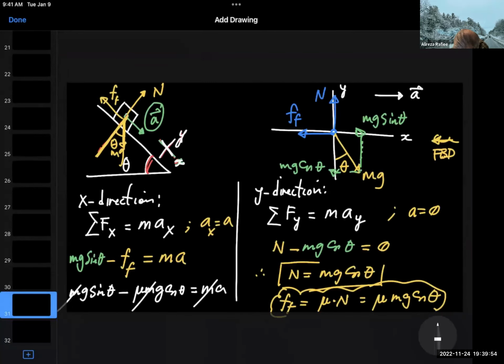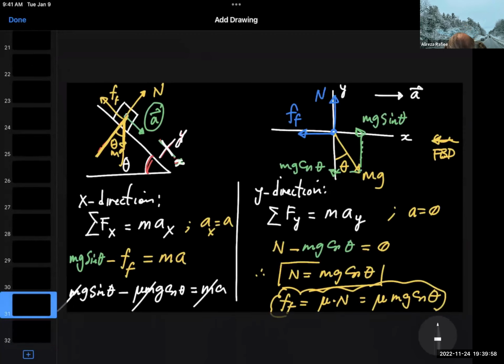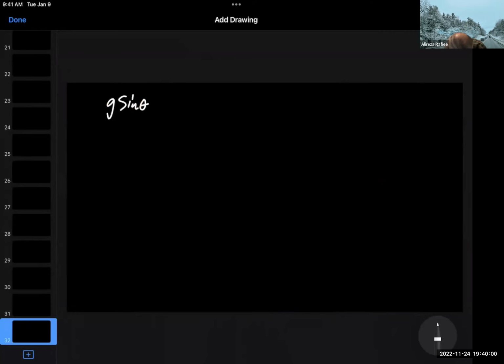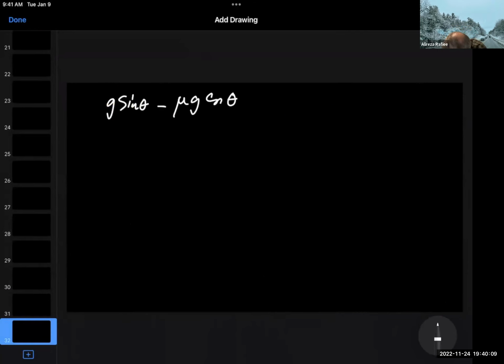So I have g sine of theta minus mu g cosine theta, and it's equal to a, and a is in the positive direction. That's it. If the acceleration is what we need, then you can solve it from this equation, right?